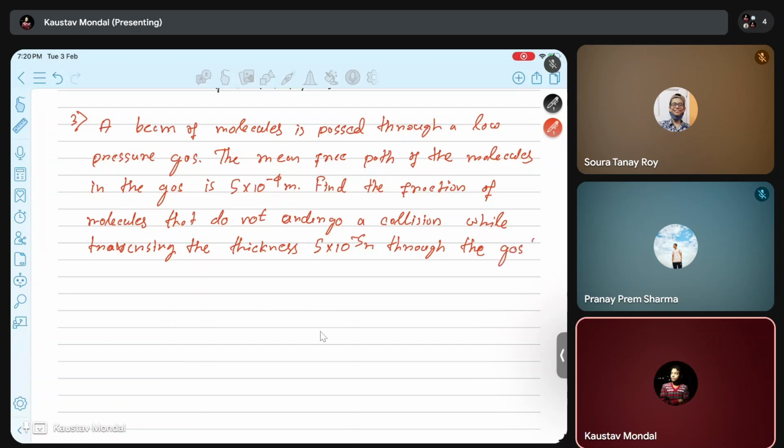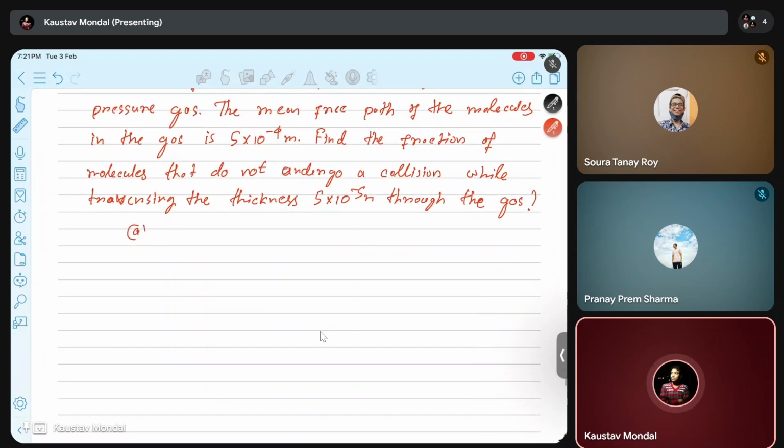The options are option A 0.1, option B 0.90, option C 0.99, and option D is 0.5.